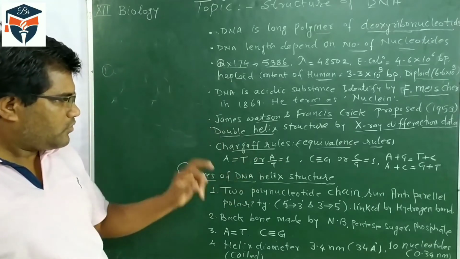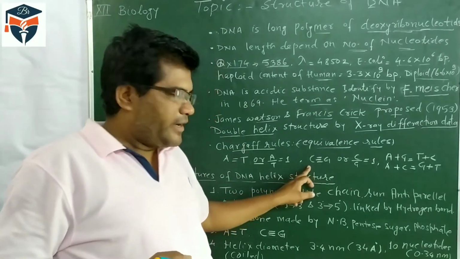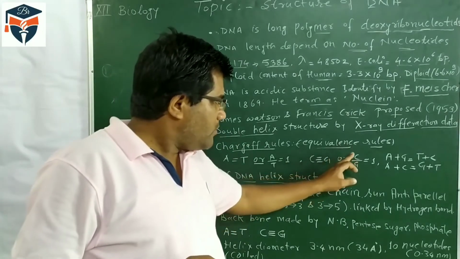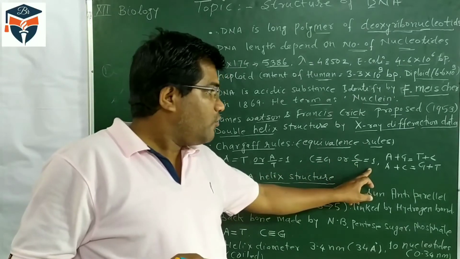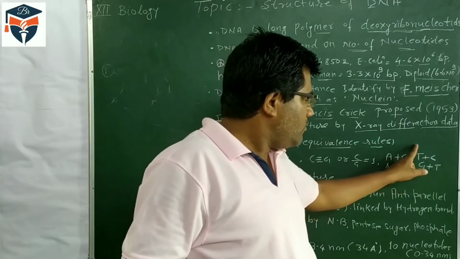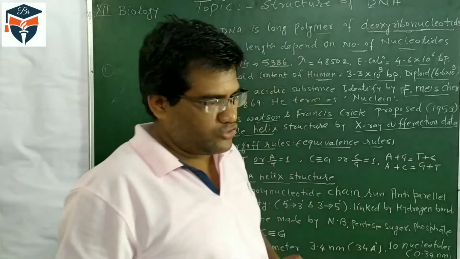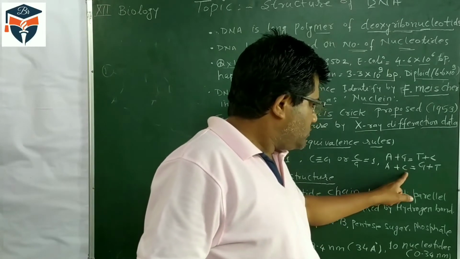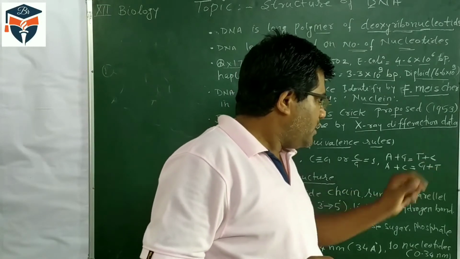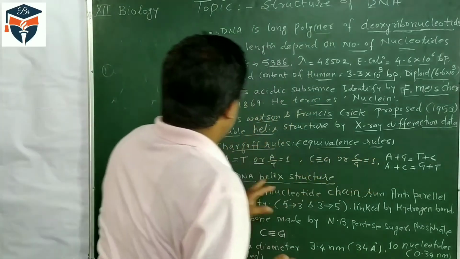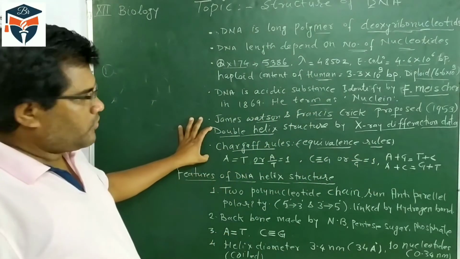This is the first rule. Second, cytosine is always equal to guanine, so the ratio of cytosine to guanine is 1. Similarly, adenine plus guanine is equal to thymine plus cytosine, and adenine plus cytosine is equal to guanine plus thymine. So these are the rules given by Chargaff.